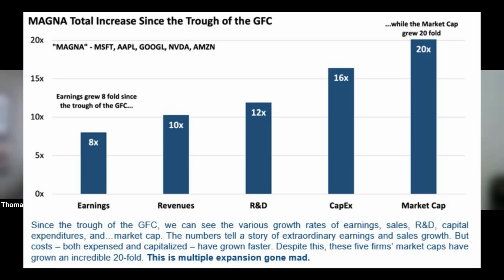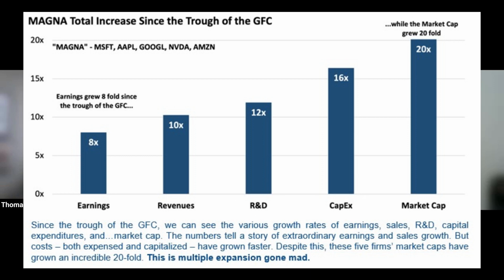Right. So to illustrate Chris's point, we're going to put up a chart of the MANGA total increase since the trough of the great financial crisis. And MANGA is an acronym for Microsoft, Apple, Google, NVIDIA, and Amazon. So off this chart, you'll see that earnings and revenue have grown 8 and 10 times, while R&D and CapEx have grown 12 and 16 times, or the costs of the companies.